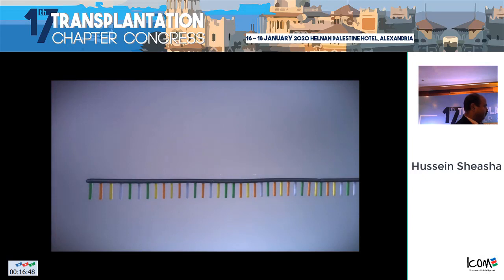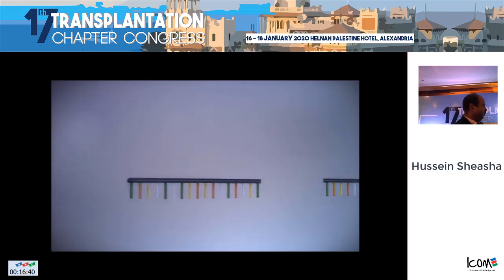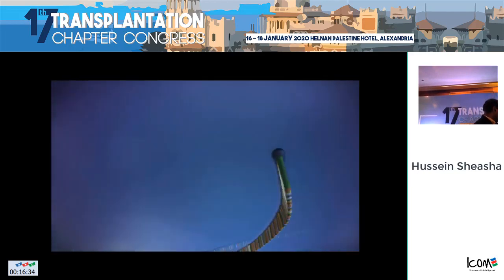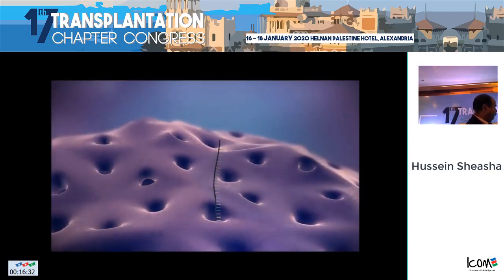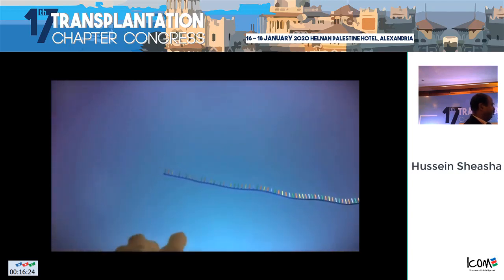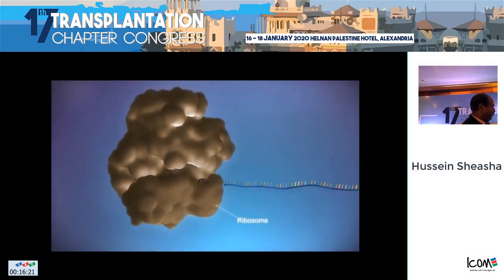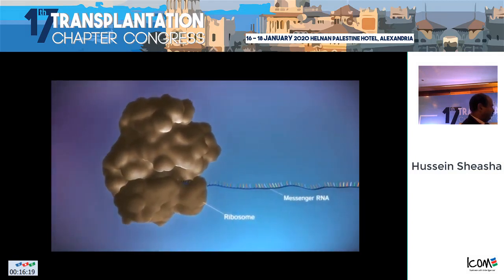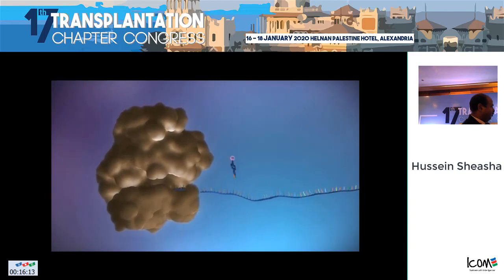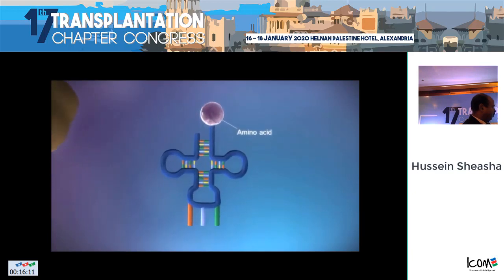Before messenger RNA can be used as a template for the production of proteins, it needs to be processed. This involves removing and cutting sections of RNA. The messenger RNA then moves out of the nucleus into the cytoplasm. In the cytoplasm, ribosomes bind to the messenger RNA. The ribosome reads the code of the messenger RNA to produce a chain of amino acids.